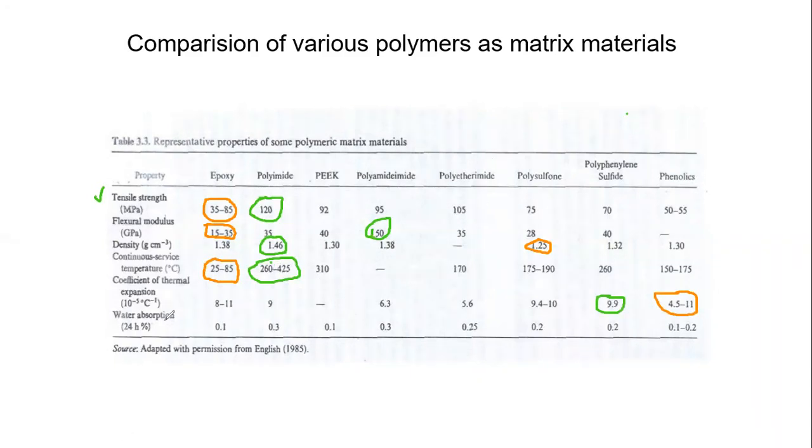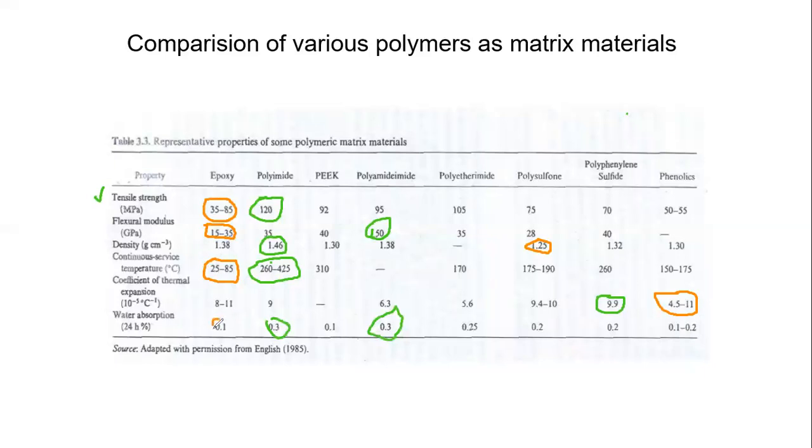And when it comes to water absorption, the water absorption of the polyamide and polyamide are 0.3. That is, water absorption is somewhat higher than the other matrix materials, but the lowest goes to epoxy.